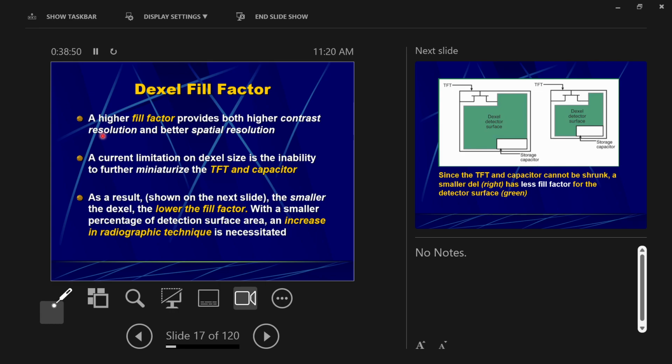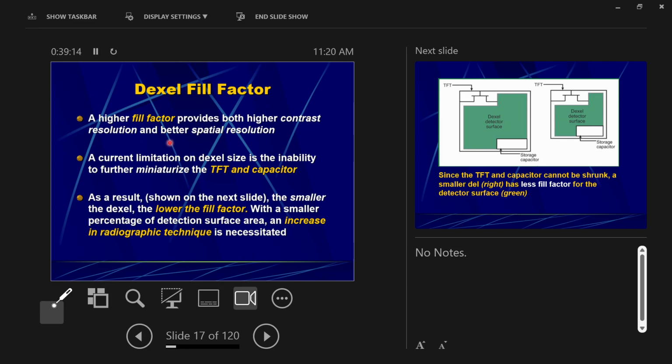Notice it's not saying higher contrast, it's saying higher contrast resolution. That's basically a way of saying the detector, when it has more detecting surface, is better at detecting and displaying contrast. It has a wider range of contrasts it can show, better contrast resolution, and better spatial resolution.